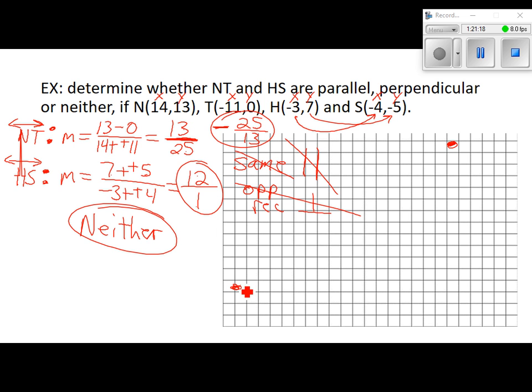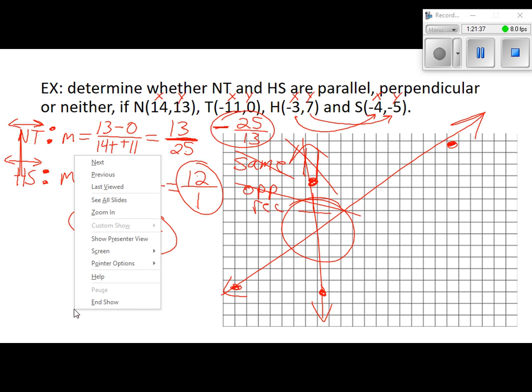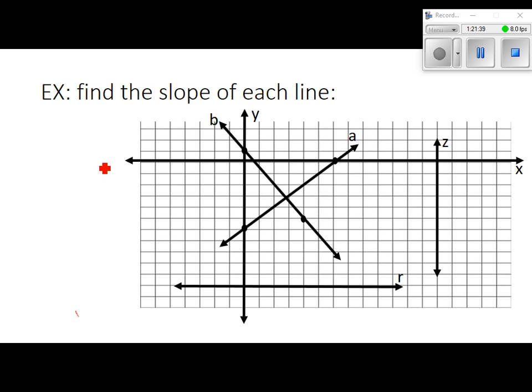Negative 3 and 7, so that's one of the lines. Negative 4, negative 5, something like this. Well, what's going to happen is these two lines are going to intersect somewhere. So they're neither parallel nor perpendicular.